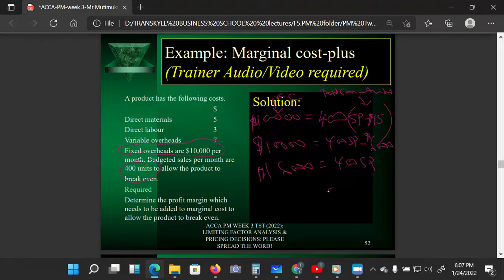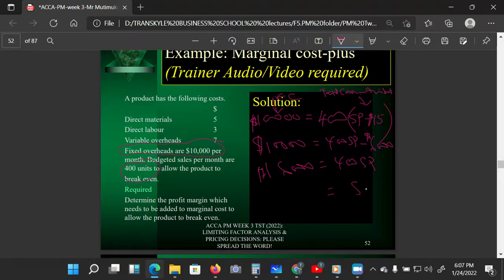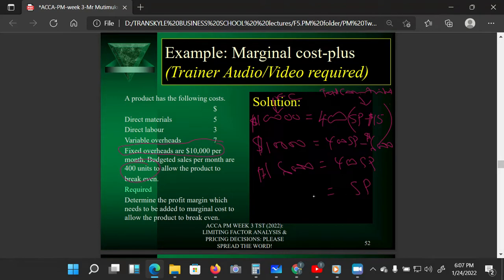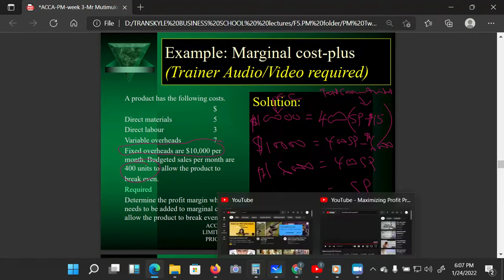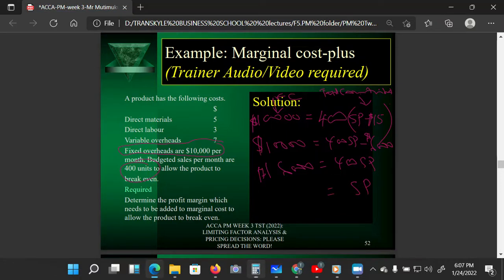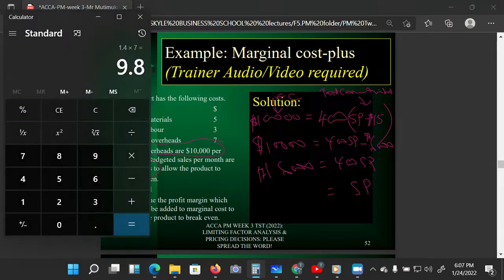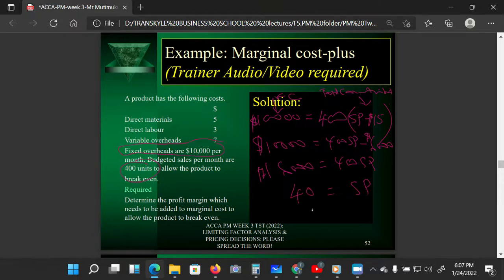Therefore, SP is equal to what? If we divide both sides by 400, 16,000 divided by 400, we can see that SP is equal to 40. That's the selling price.